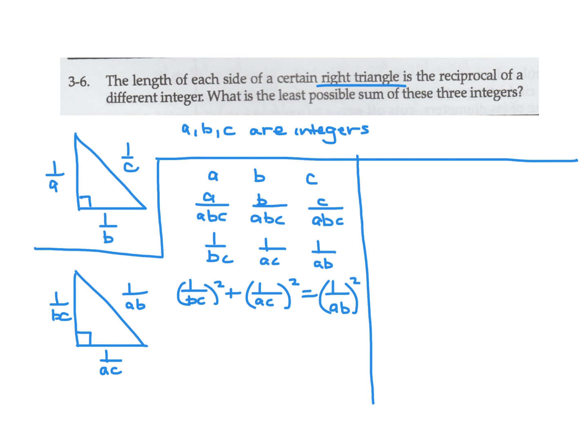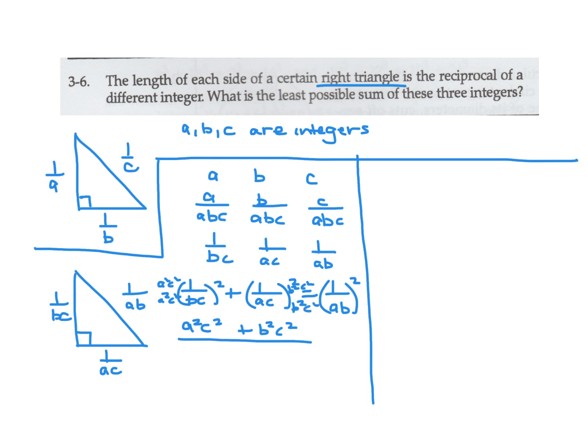Okay, so now let's try to get the common denominator. A squared C squared plus B squared C squared all over, what did I do here? Well, I multiplied top and bottom here by A squared C squared. And then here I multiply top and bottom by B squared C squared.